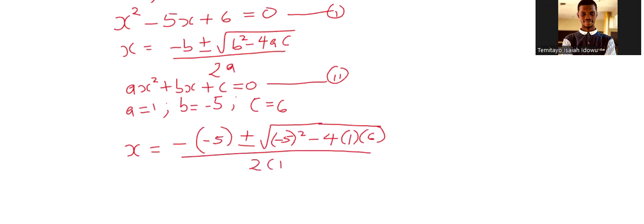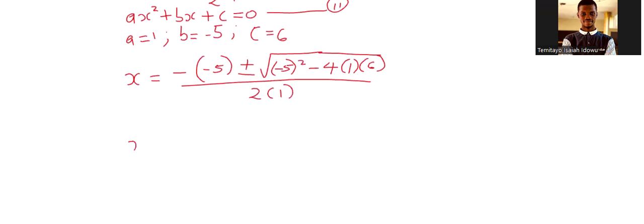So from here, we can further simplify and say that our x is equals to minus times minus is plus, that's 5, plus or minus square root of minus 5 squared is 25, minus 6 times 1, 6 times 1 times 4 gives us 24.